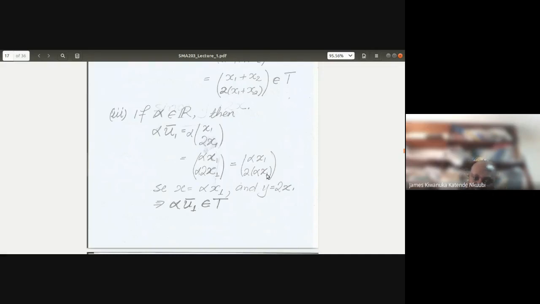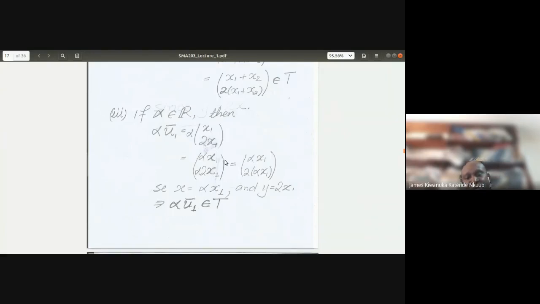So again, clearly here you can see that the vector that we have at the end, the second component is twice the first component. And that is what vectors in T look like. So it means that this vector is definitely in T. And that means if you multiply any vector in T by a scalar, you will get another vector in T.